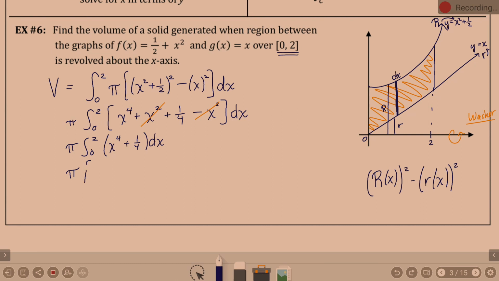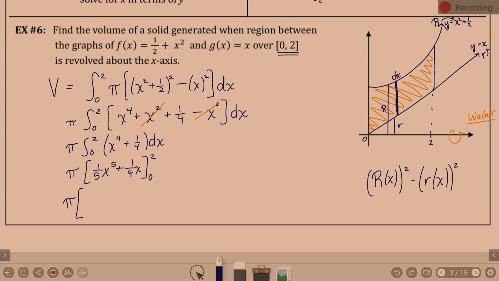So if I integrate, add 1 to the power, divide by the new power, plus 1/4 x, evaluate from 0 to 2. The pi I keep carrying down because I'm afraid to lose it. 1/5 x to the 5th.